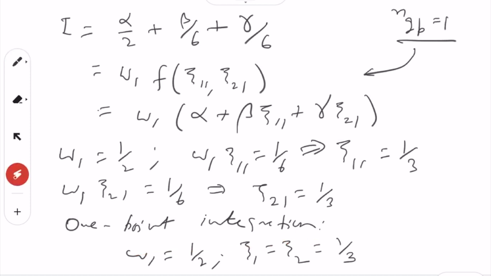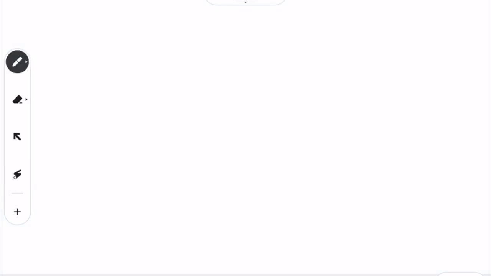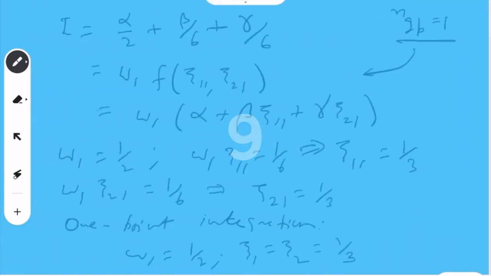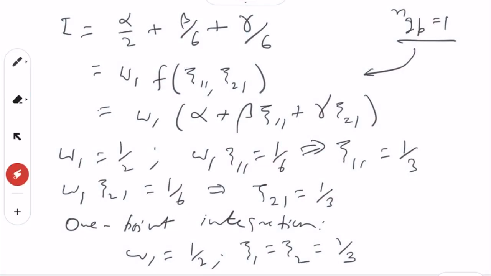Similarly, we can do for other orders of the system. If you have order 2 or 3, for example, in that case we have to take more number of Gauss points. In this case it can correctly find out, since we have 3 variables here, and this side also we had 1, 2 and 3 variables.